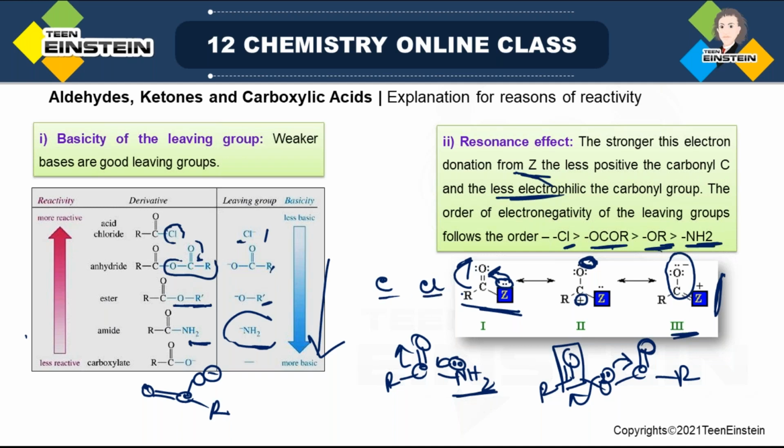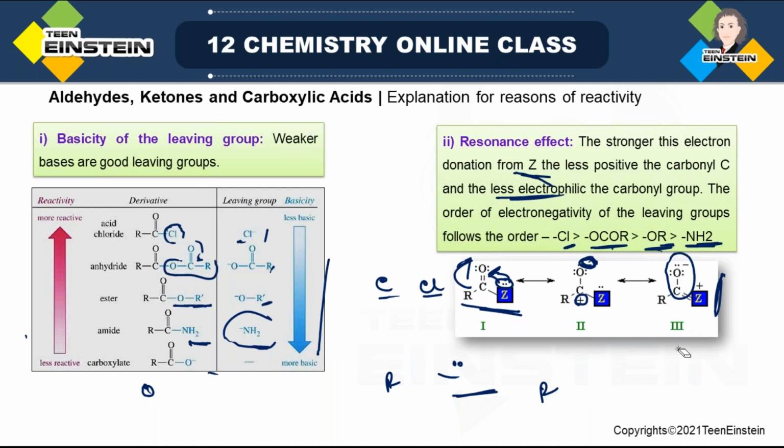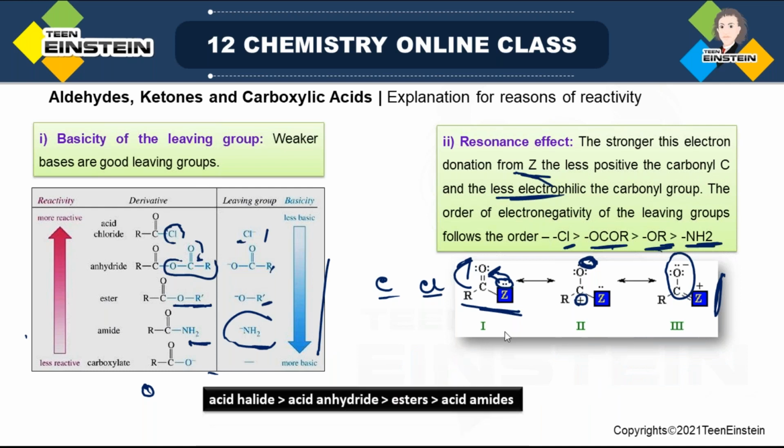So the double bond between C and Cl is not very good. Fine. So this is the second explanation, based on resonance effect, which also explains the reactivity order you have already seen in the previous slide. Here you can see it again. This is max, this is min.